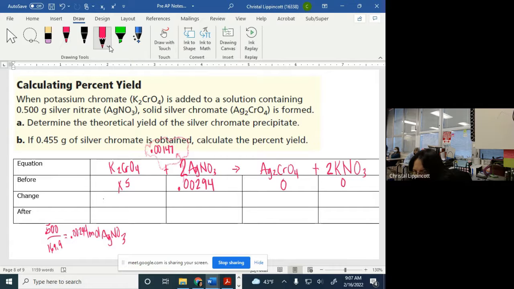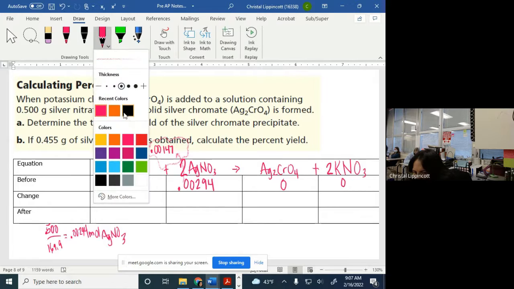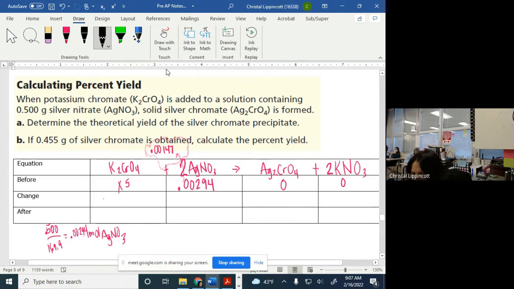Okay, then that becomes my new value that I'm going to multiply through. So I'm going to use that, multiply through the coefficients here as I go down.